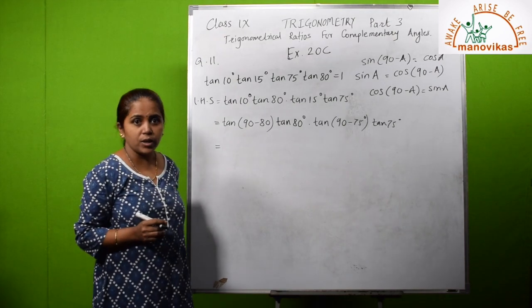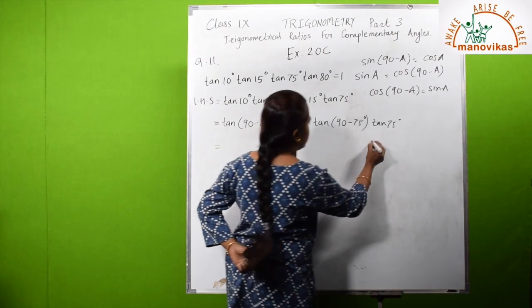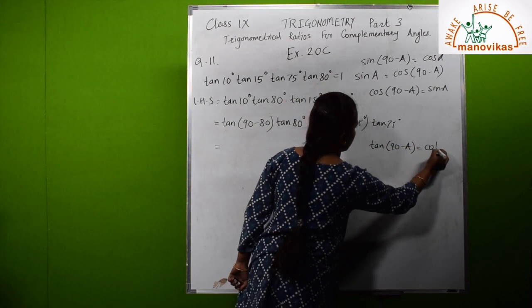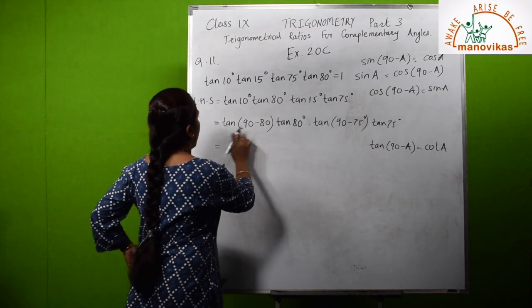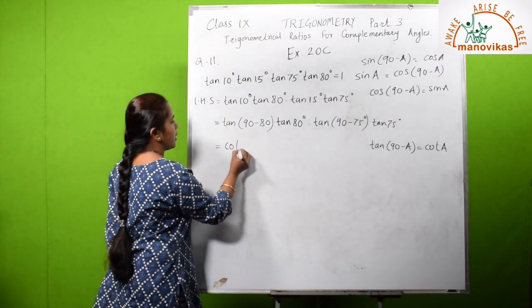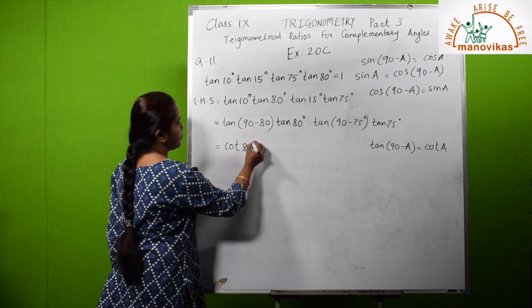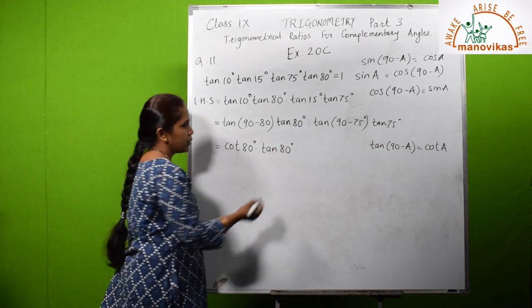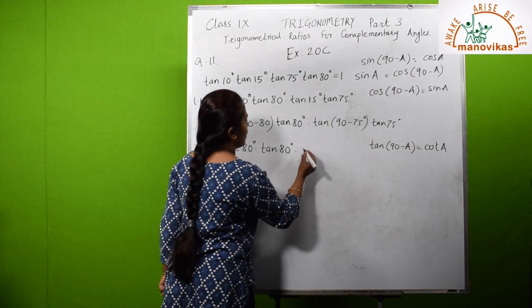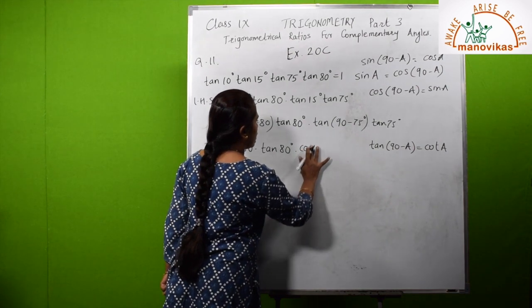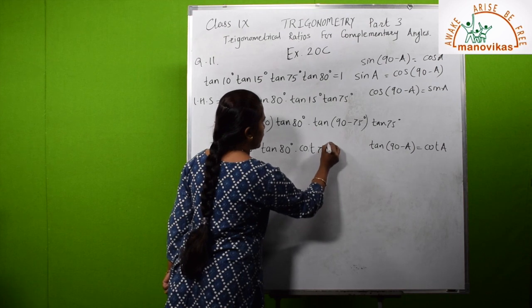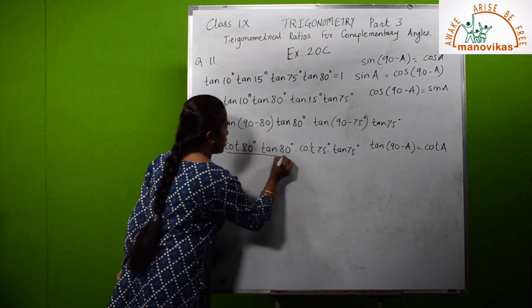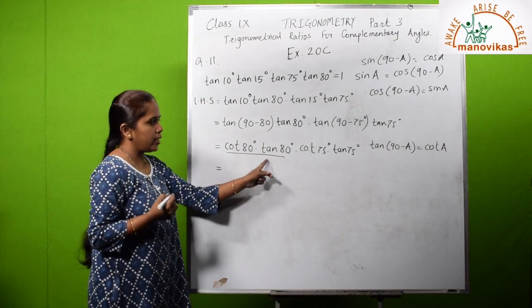Now what is the formula for tan 90 minus A? Tan 90 minus A becomes cot A. So tan 90 minus 80 we can write as cot 80 degree into tan 80 degree. Tan 90 minus 75 we can write as cot 75 degree into tan 75 degree. Now see here, cot 80 degree into tan 80 degree.